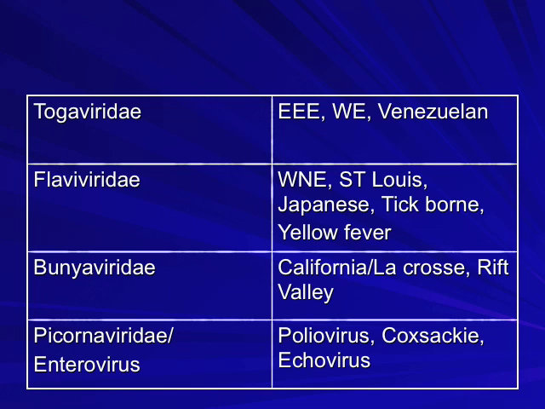These are the Flavivirus, Bunyavirus. California is a group of viruses, and La Crosse is the main one included in this group, so keep in mind that these two are like the same. And polio, Coxsackie, and echovirus belong to Enterovirus and then the Picornaviridae family.